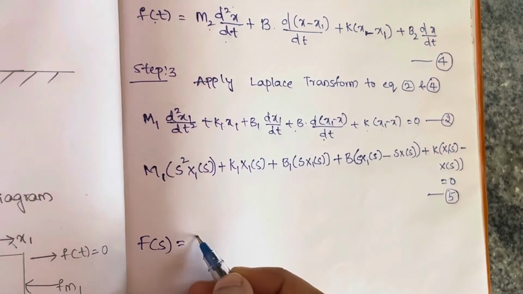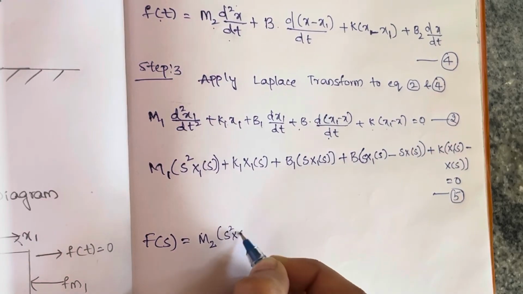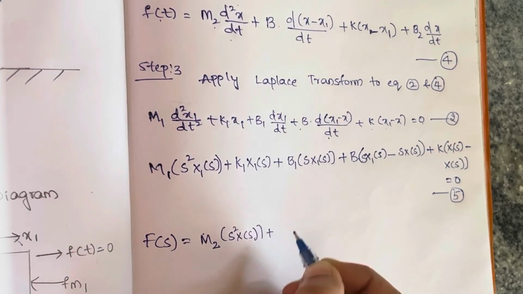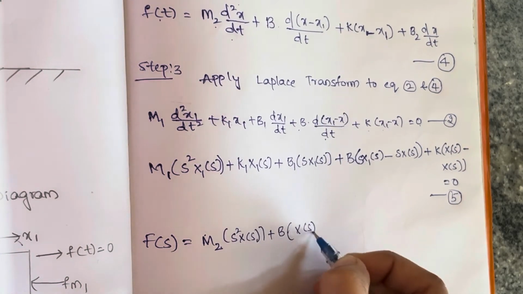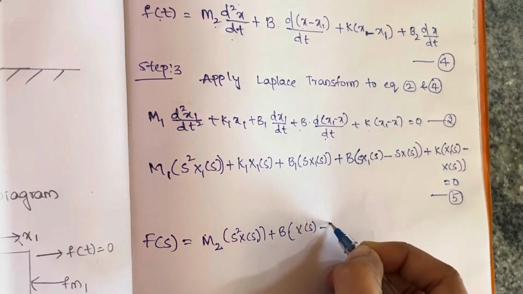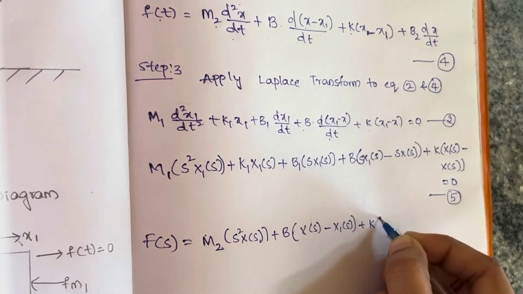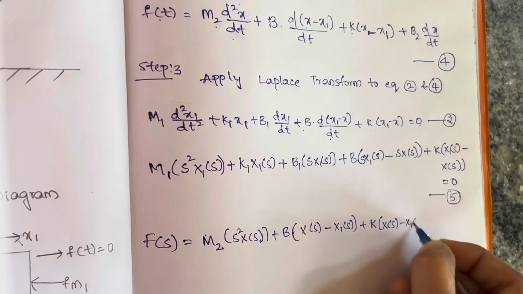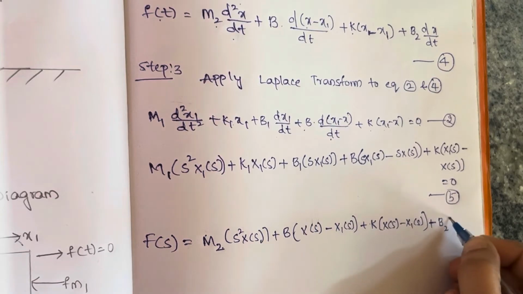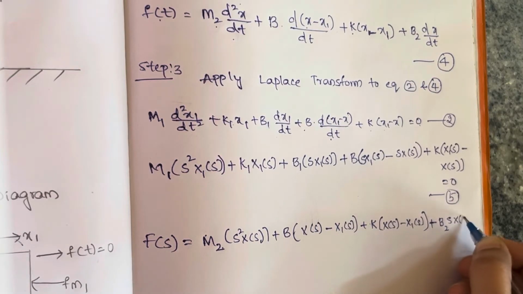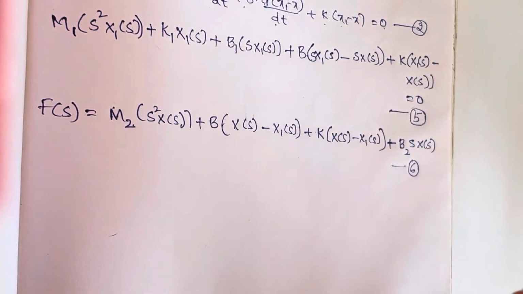For this we will write m2 into s square x of s plus b into x of s minus x1 of s plus k into x of s minus x1 of s plus b2 into s into x of s. So let us assume this as our equation number 6.